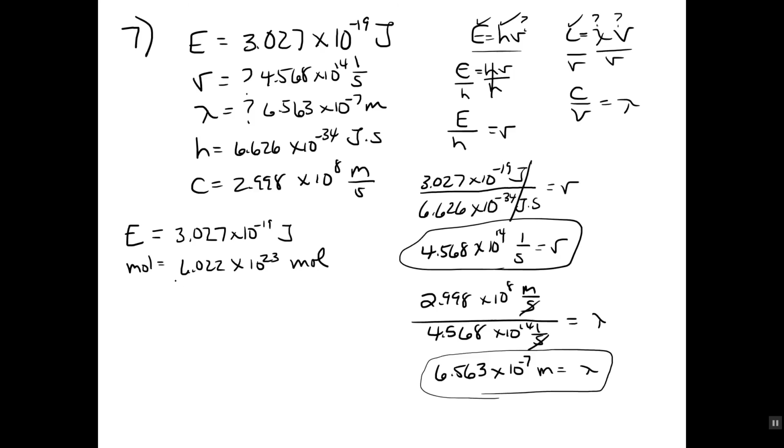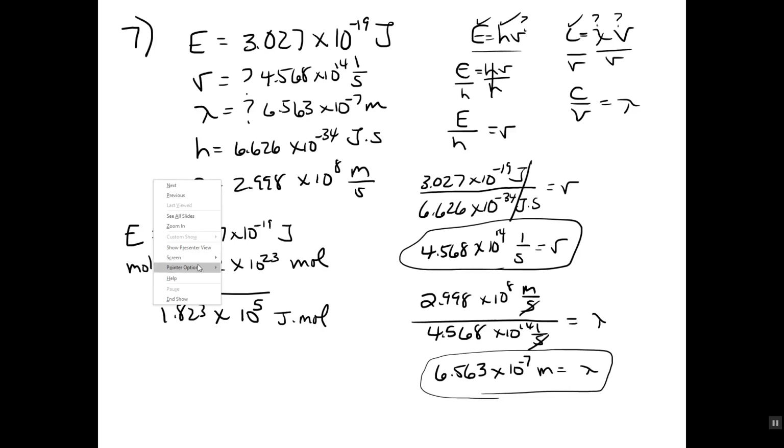So you're just going to multiply those again. Joules, moles, and when you multiply them, you come out with 1.823 times 10 to the 5th joules per mole. And that's that. Okay, so that's problem 7.